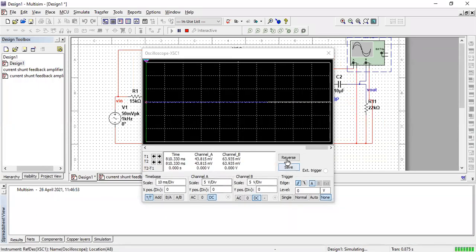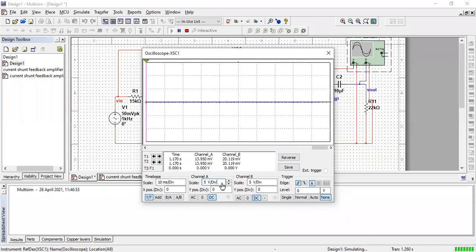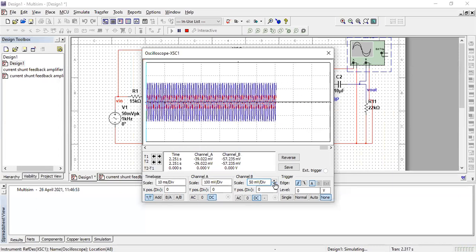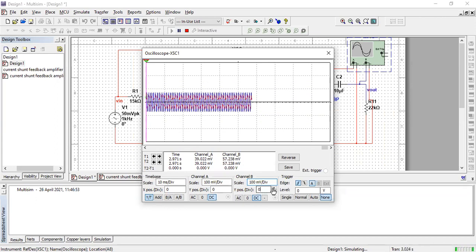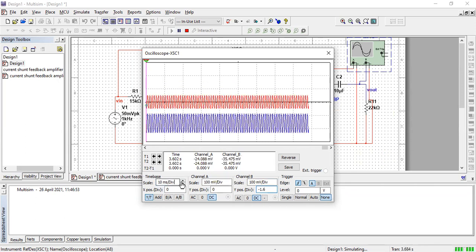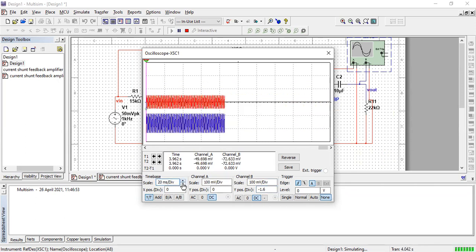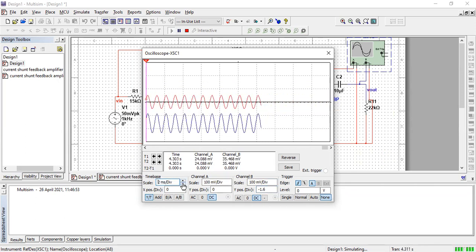So this is the output I'm getting. I'll remove this one, so I'll vary this. Now time periods. Input and output, if you observe, only a slight variation, a small amplification is there.